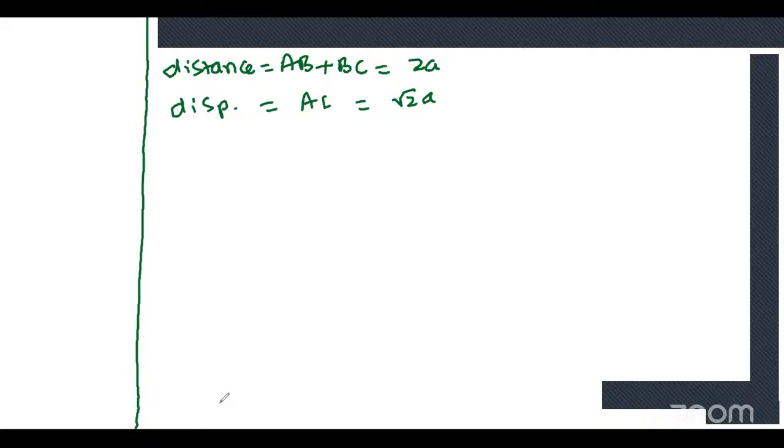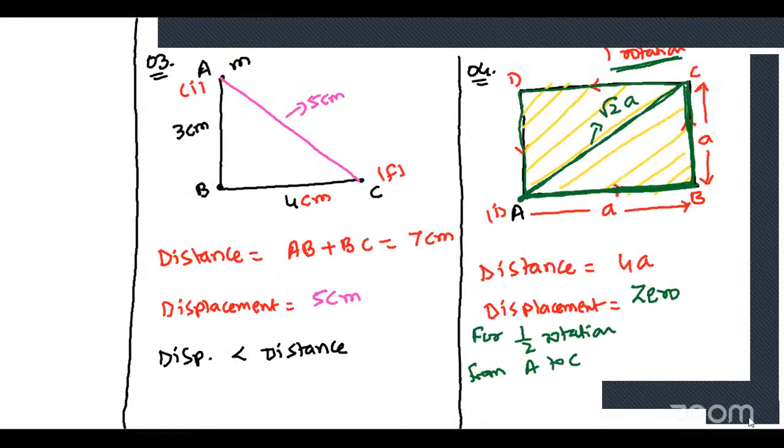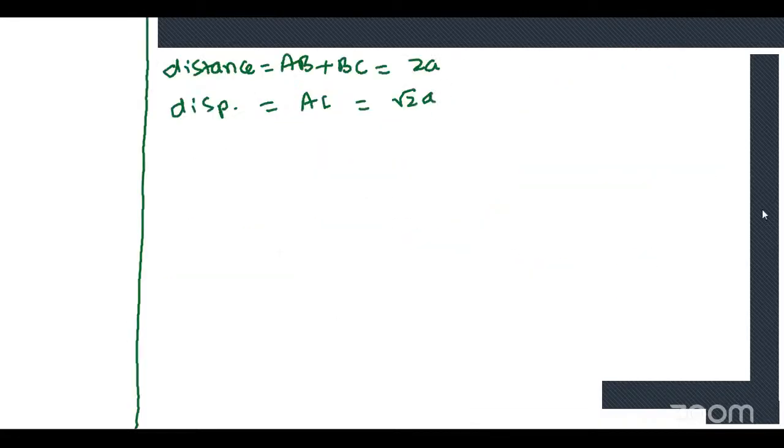So that is root 2 times a, and the fourth one is completed. The value of root 2 is 1.414.